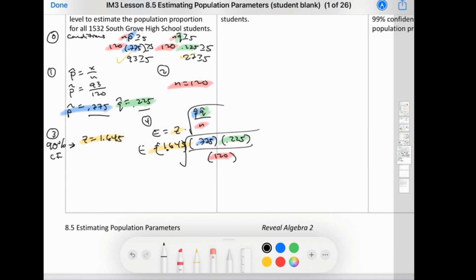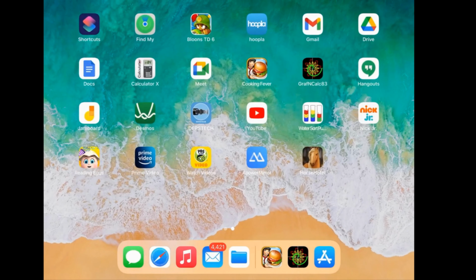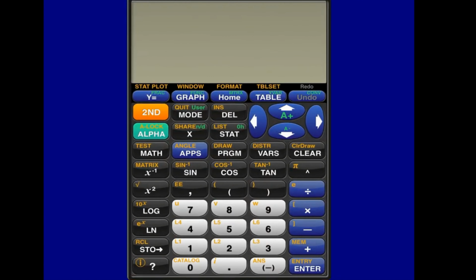Take a picture of this. Let's do that together. Might be a tricky one for you. All right. 1.645 times second x squared parentheses 0.775.